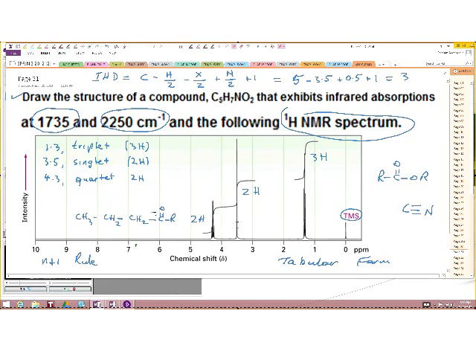Take this out. The most obvious information here: a quartet, 2 hydrogen. What does that tell you? It is next to a methyl group, exactly. So you must have this CH2.